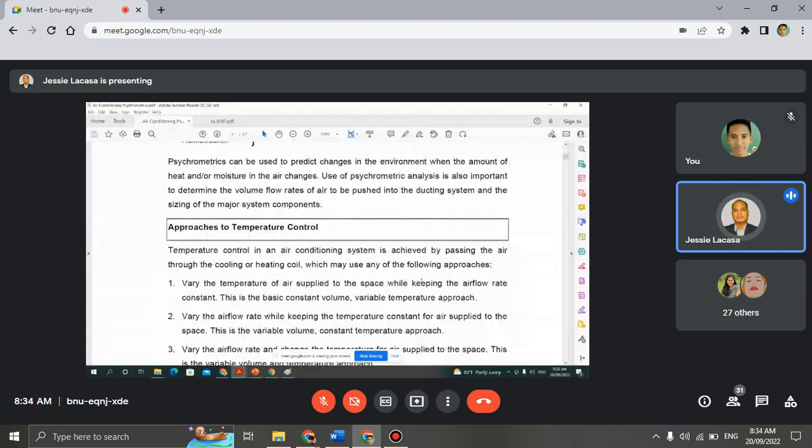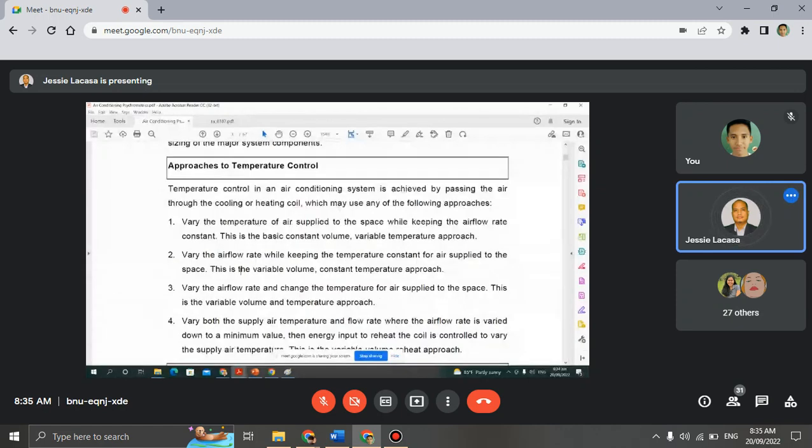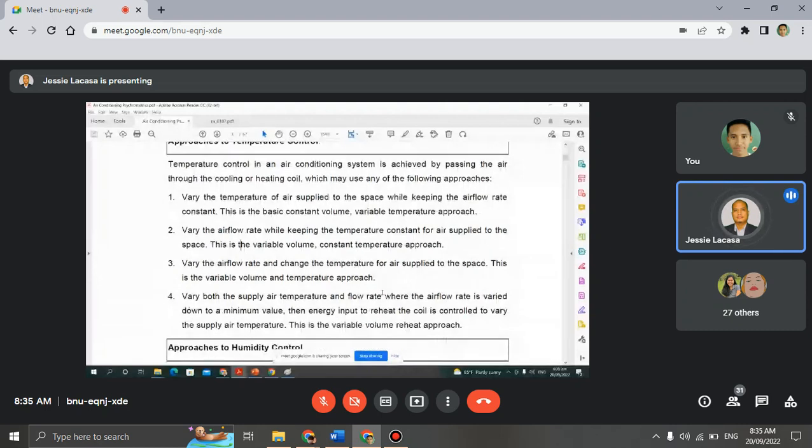Although the temperature is constant, it can still vary, the temperature inside the room, because the airflow rate mo-change. Kay bisan pa unsa ka bugnaw ang imong cooling coil pero hinay ra ang iyang airflow, dili gyapon siya enough para ma-reach niya ang temperature nga desired sa room. So yan na ang iyang pasabot.